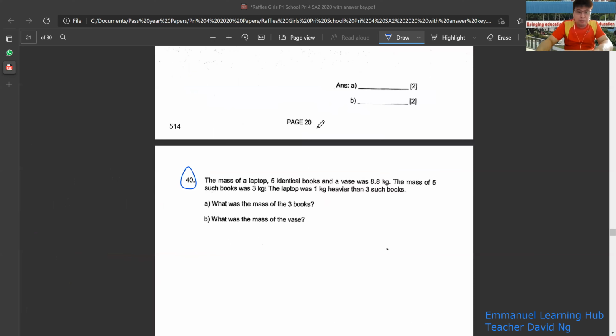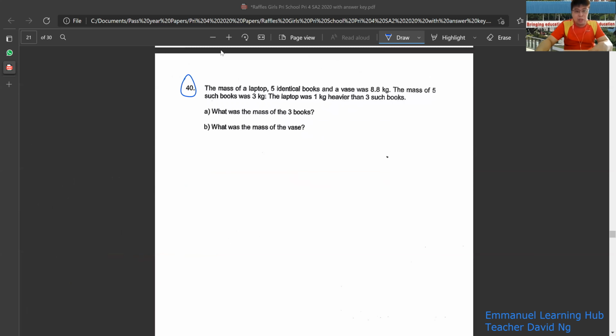Okay, 40. The mass of a laptop and 5 identical books and a vase is 8.8 kilogram. The mass of 5 such books is 3 kg. And the laptop is 1 kg heavier than 3 such books. What is the mass of 3 books?